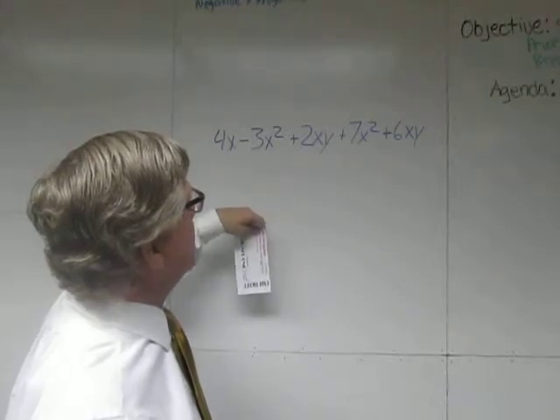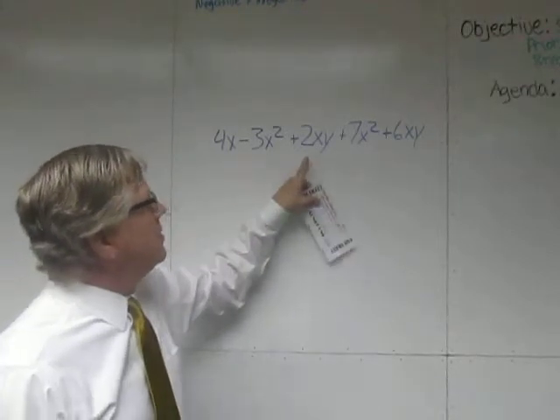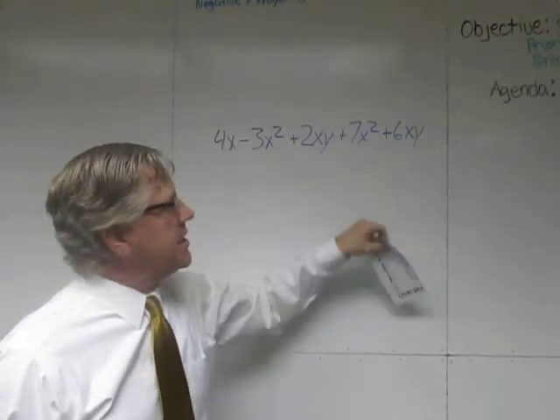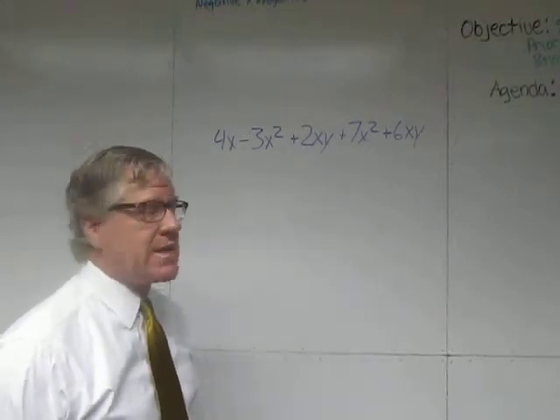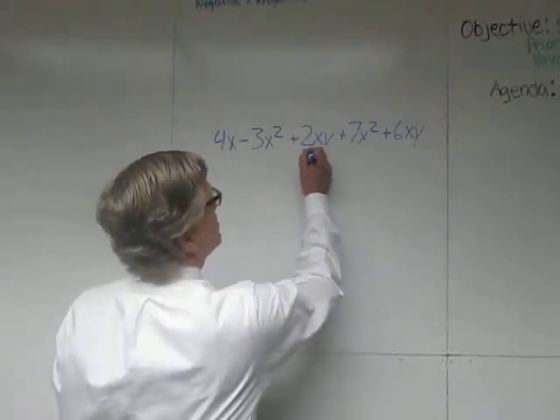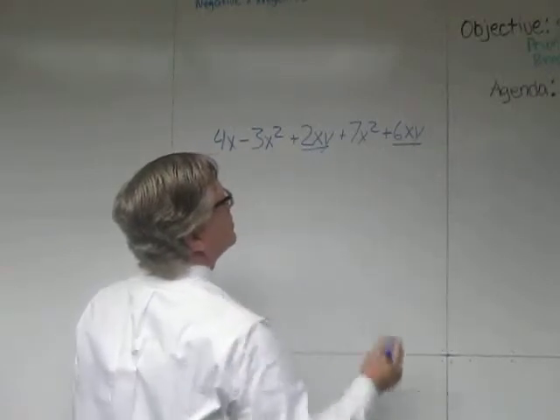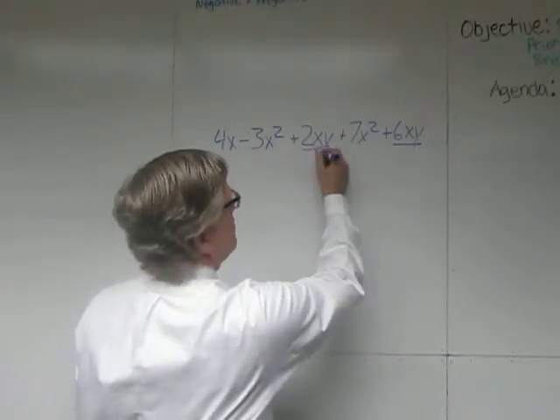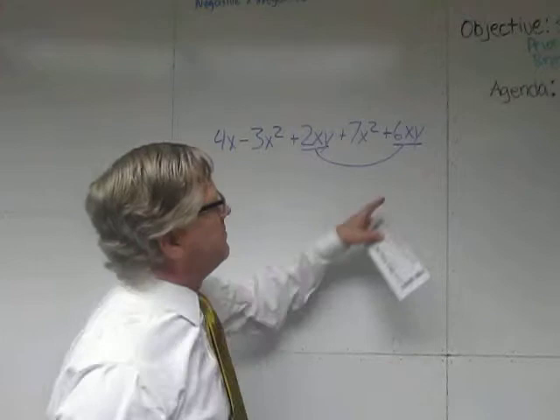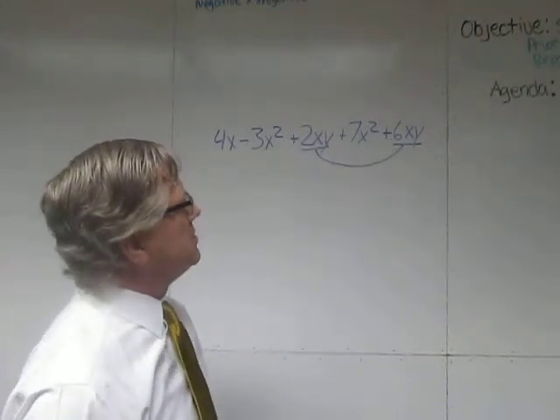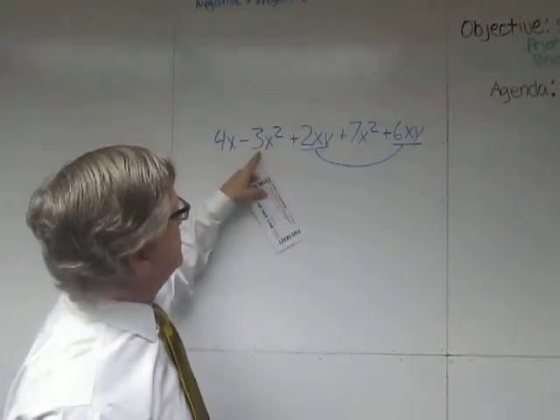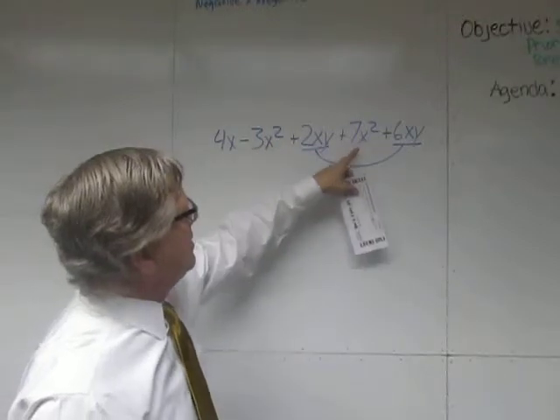Let's look at terms that look similar. 2xy, 6xy. Looks a lot alike, doesn't it? Let's look at these. Can't we combine those? Don't they have similar variables here? Let's do that. And let's look at this. How about x squared?